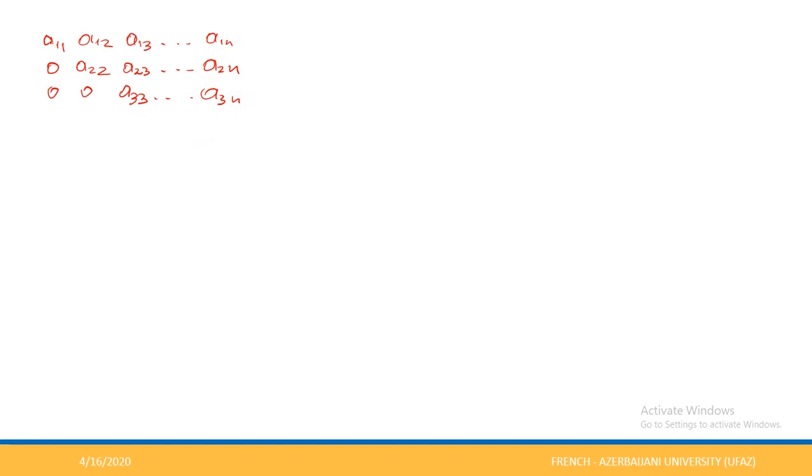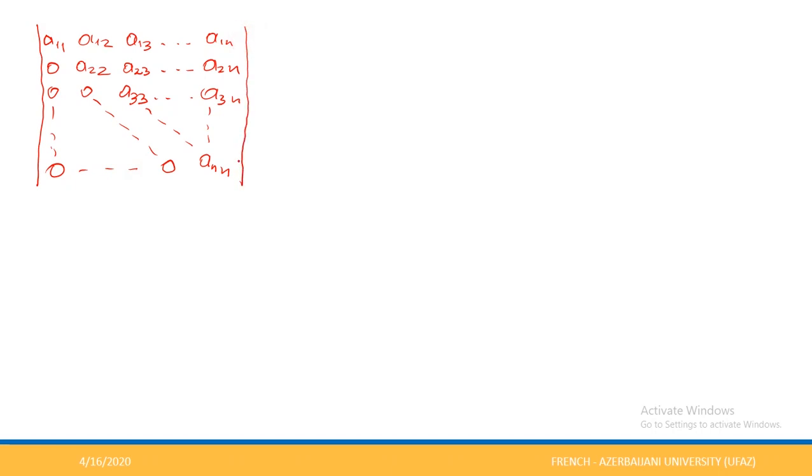You see here diagonal elements will be a11, a22, a33, a44, and so on, ann. Here there is ann, 0, 0.